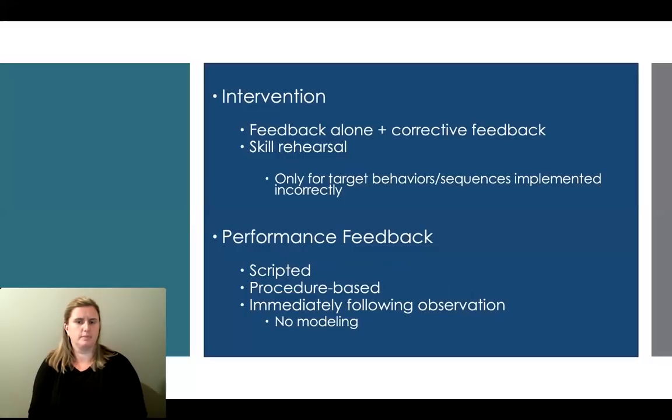And the reason why we decided to make feedback scripted was so that qualitative components of feedback may not influence specific performances. Feedback was procedure-based and it was immediately following the observation. No modeling or instructions were used as components of the intervention. Only skill rehearsal and performance feedback mainly.